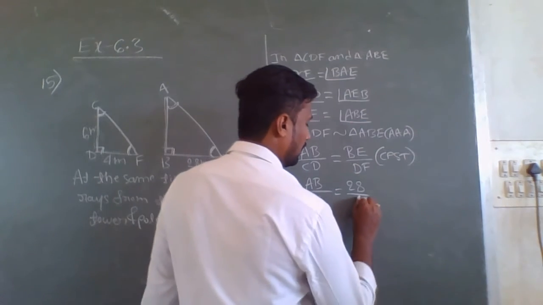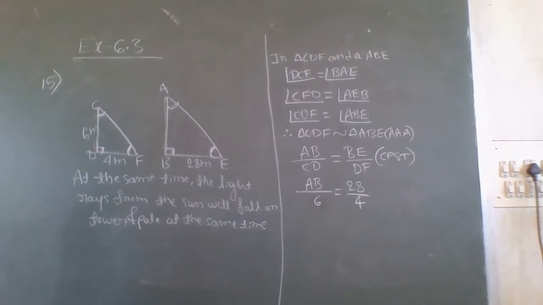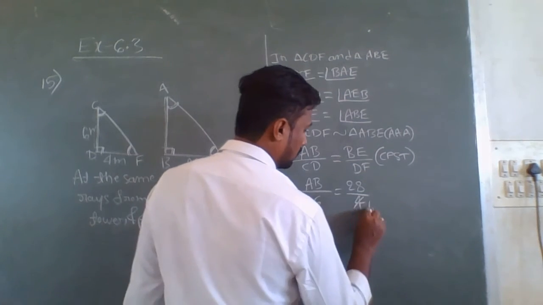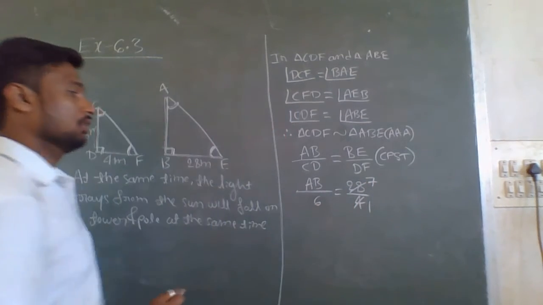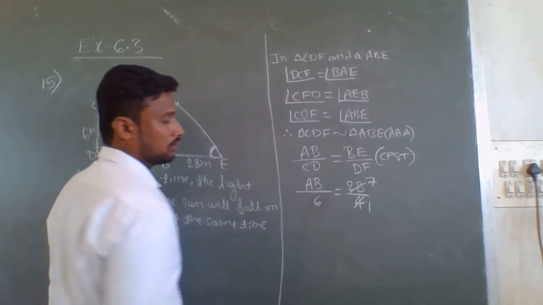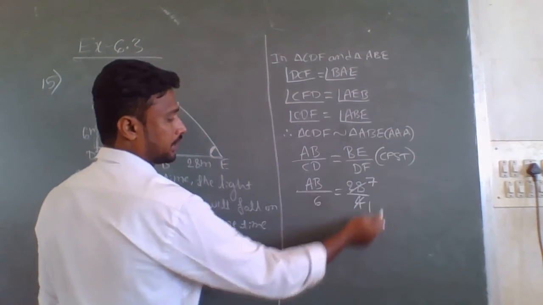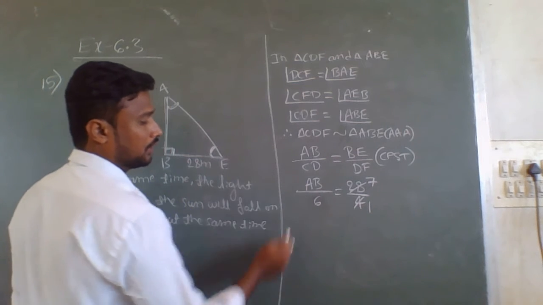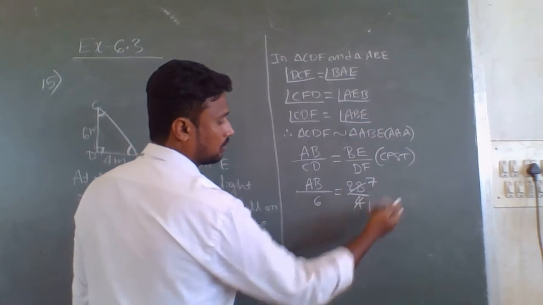Therefore, 28 by 4. 28 by 4 means here 4 sevens are 28. Therefore, what you got here? AB by 6 is equal to 7. So now I will move this 6 to other side because I have to get the value of AB. When you move this 6 to other side, it becomes 7 into 6.